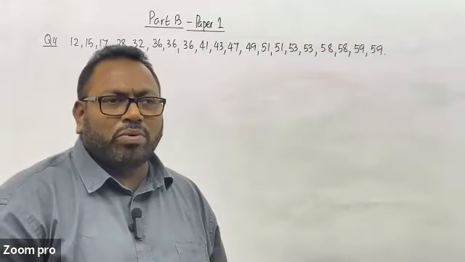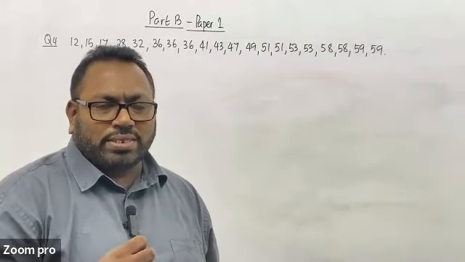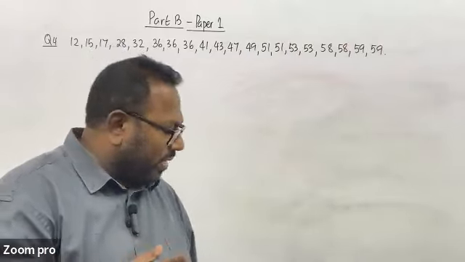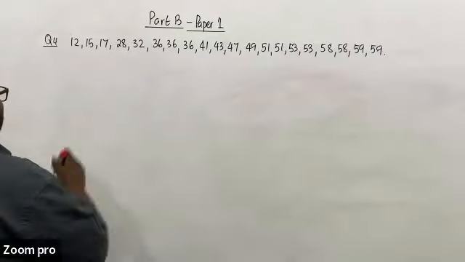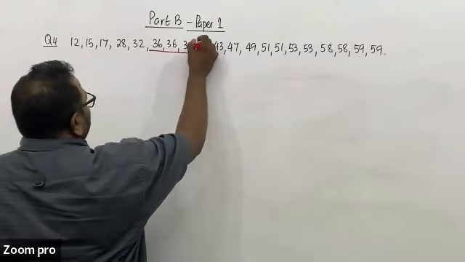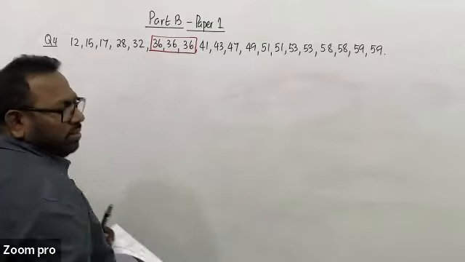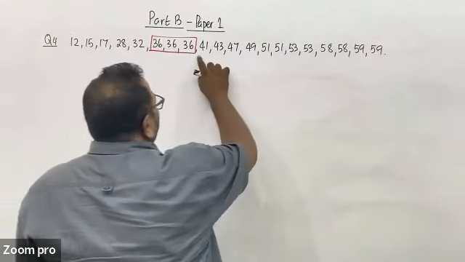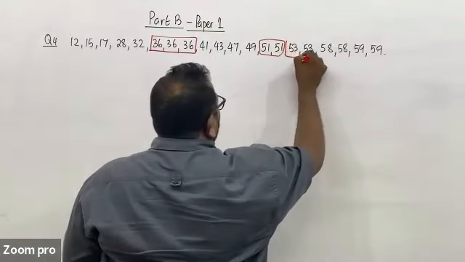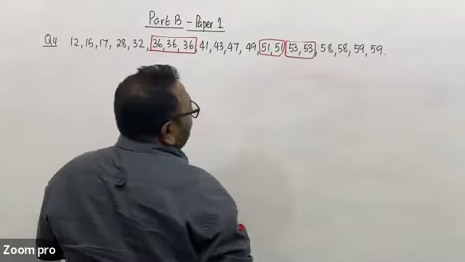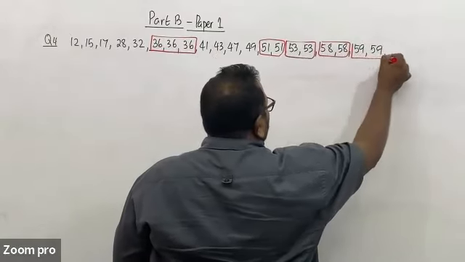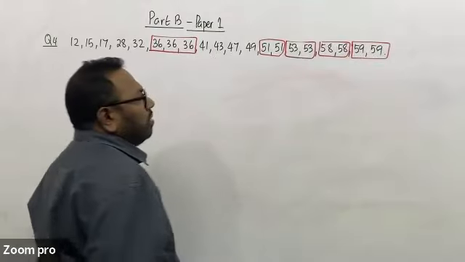So what do we mean by mode, children? Mode means the highest frequency of a term, right? So if you look at this, going from left to right, you have 36 two times, 52 two times, 53 two times, 58 two times, and 59 two times.